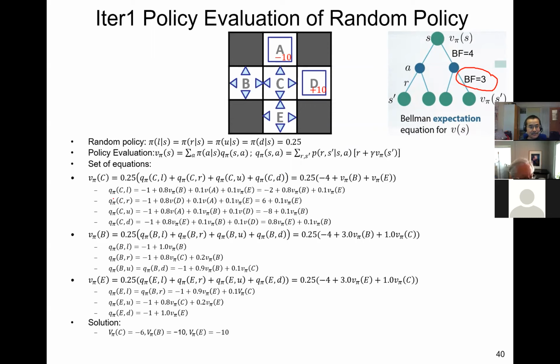That means when you're in C going left, you either go into B with 0.8 probability, or to A with 0.1 probability, or to E with 0.1 probability.